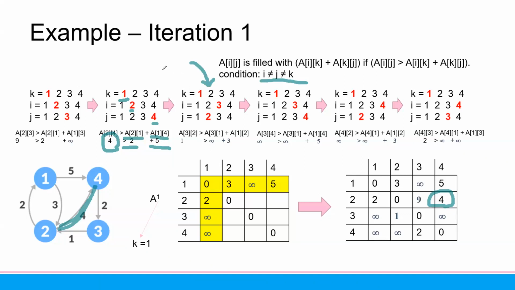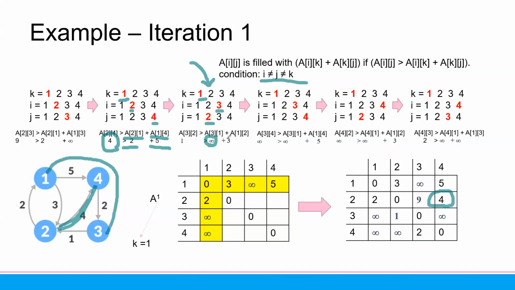We have 3, 1 plus 1, 2. 3, 1, 3, 1. We have no directed edge. So let's say this is just infinite. Okay. In this infinite, we don't have any value. Plus 3.